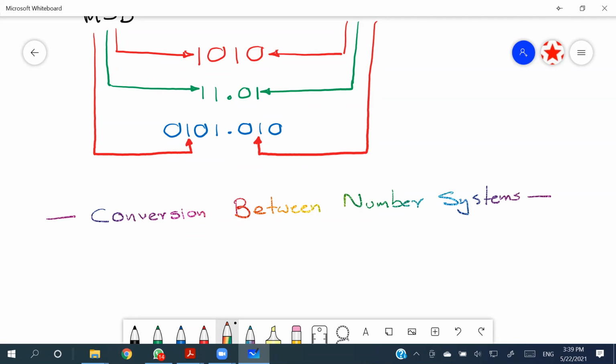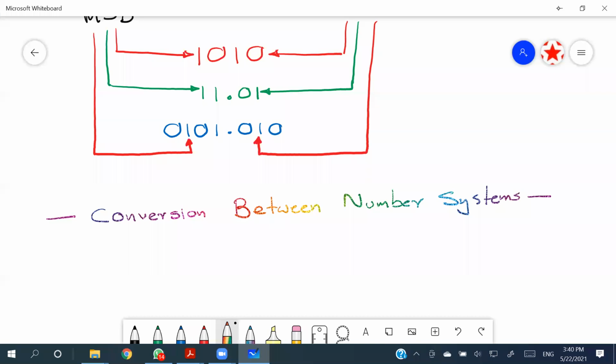You have to do some work and some practice to get this idea, because there will be conversions in your exam paper, in the MCQs and the short answer questions. So you have to get ready.